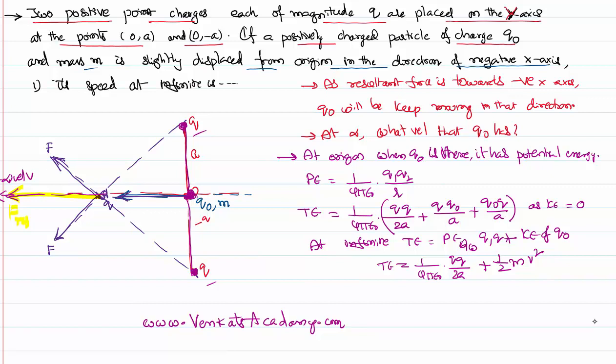As we know, energy is conserved, so total energy is constant. Total energy at the origin shall be equated to total energy at infinity. You can see this term is common in both of them, so they will cancel.